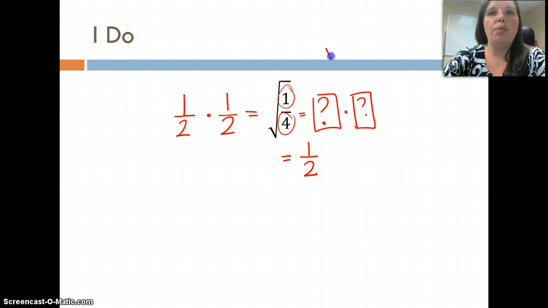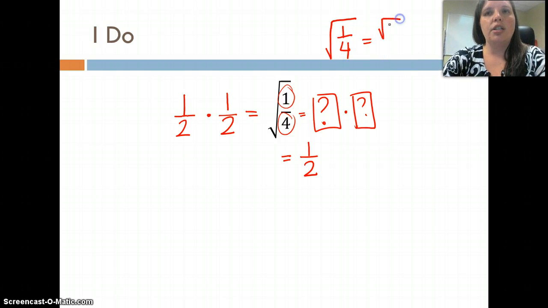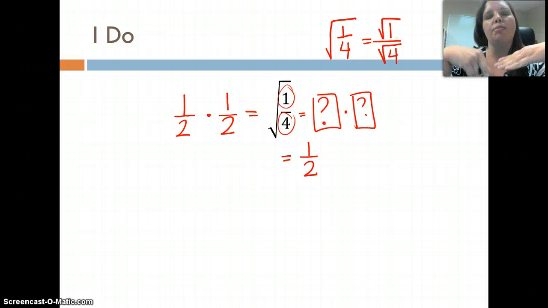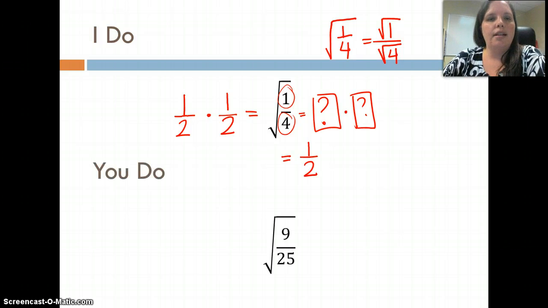When it comes to square roots, you can think of it a little more simply. If it's a fraction, you can take the square root of the numerator and the square root of the denominator separately. That's actually a property that we'll look at more towards the end of the year. So this is the last one. I want you to pause and give it a try.